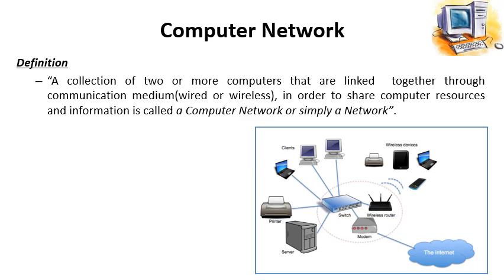As far as sharing of computer resources or information is concerned, both of these things can be shared over the network. Resources means it can be a printer, it can be a storage space, or any other device or resource that can be shared over the network.